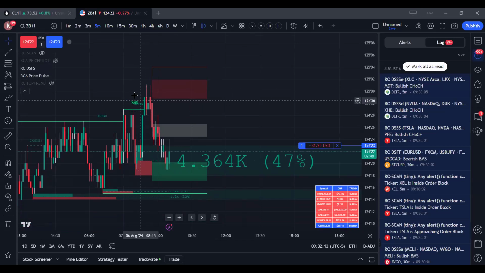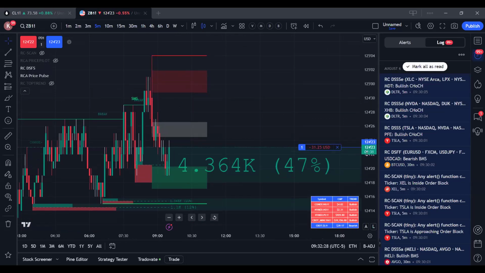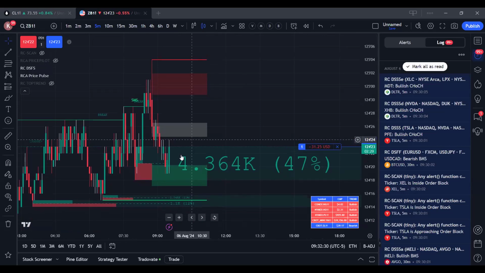If you see that overall trend is bullish, it came to the bottom and then there is a big buy order block here. So there is a high possibility for ZB to go minimum somewhere till here. So if I make some $150 with one contract, with one account, I can close this trade.